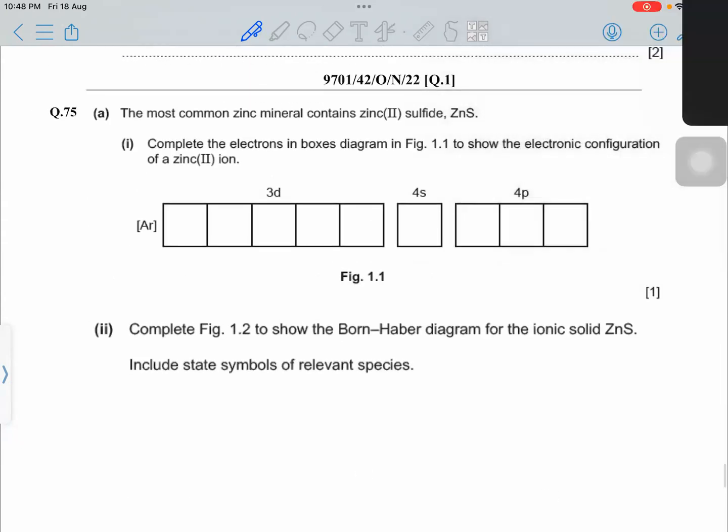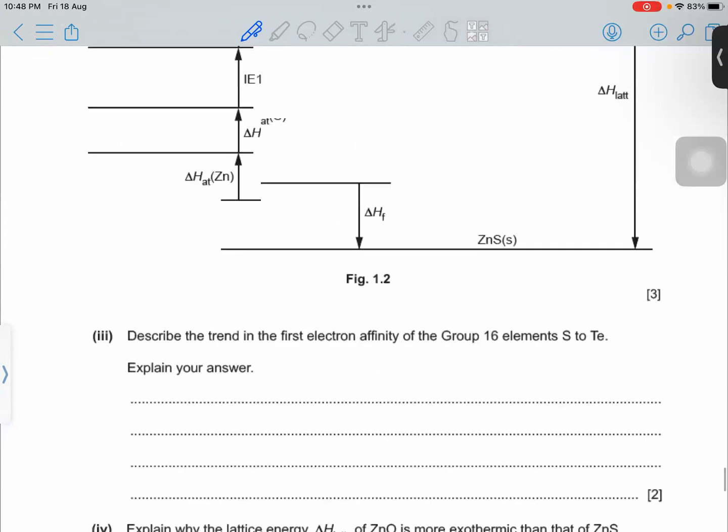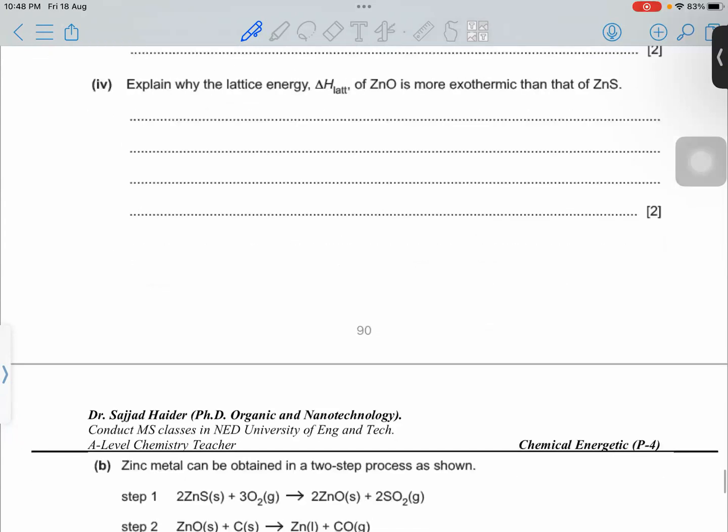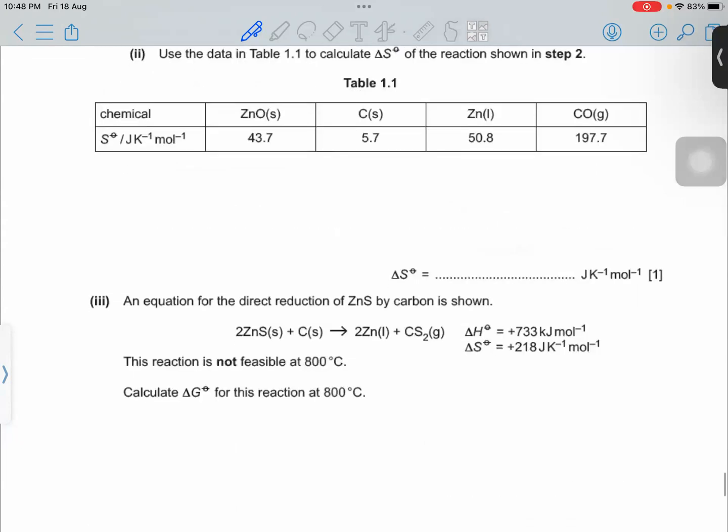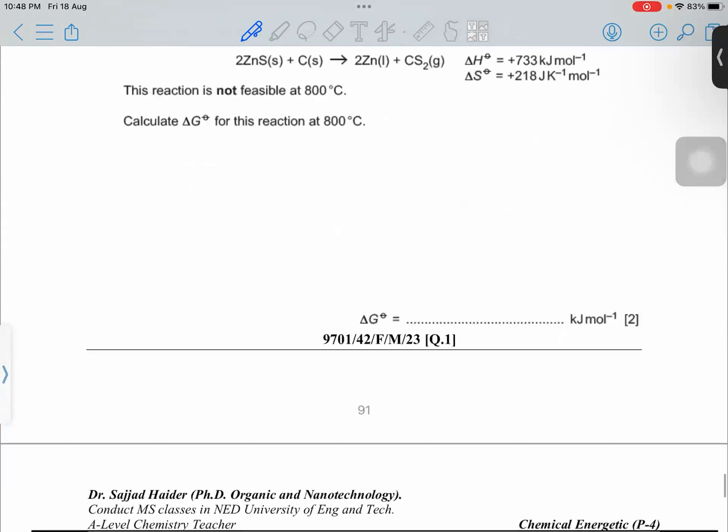This is question number 75, and this is year 2023, February, March, variant 42. So, can I start? Yes, sir.